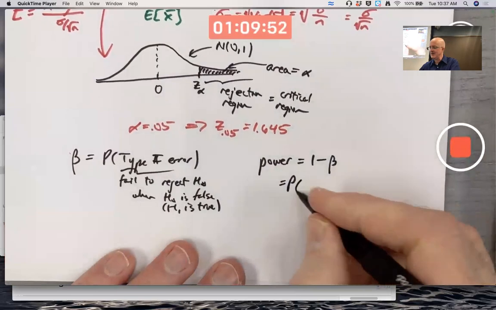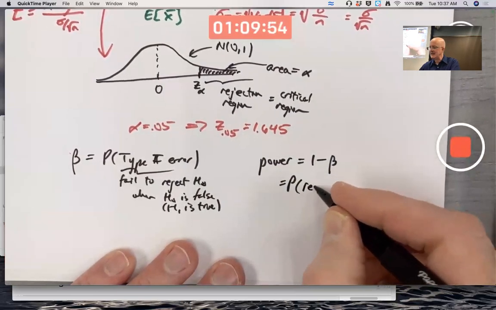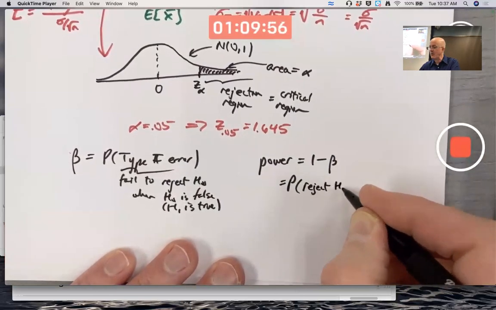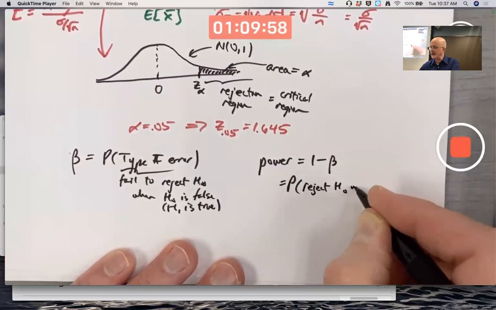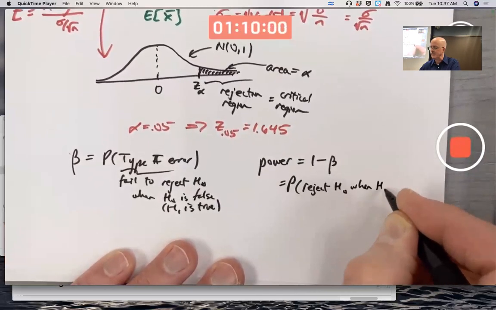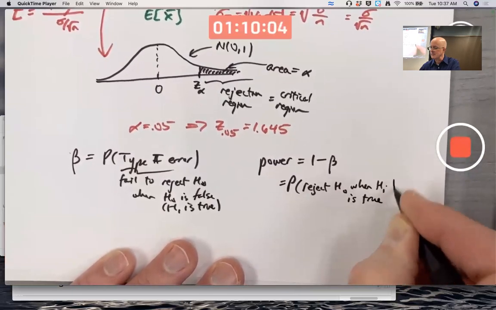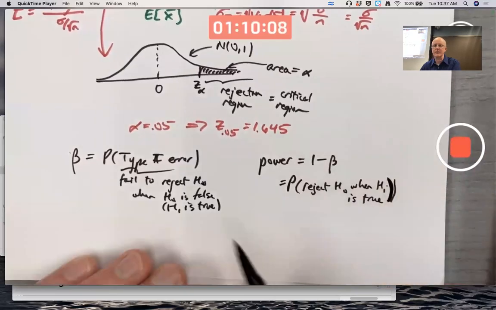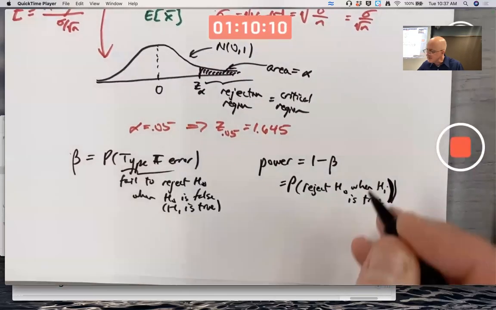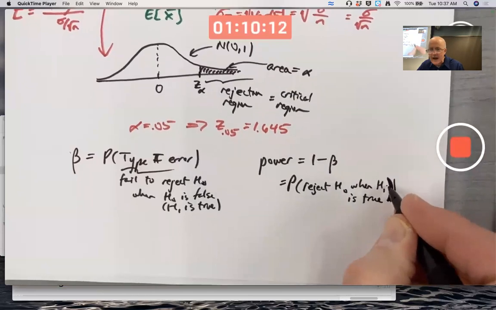Probability of rejecting H0 correctly when H1 is true. You're doing the opposite thing, not making a type 2 error there. That's supposed to be in H1. Ignore that dot there.